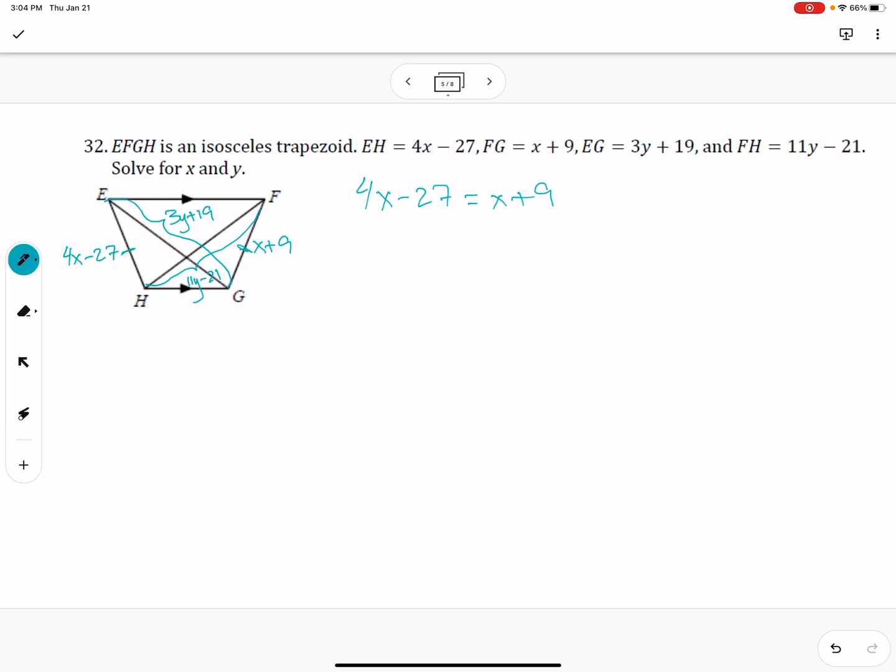So your other equation, 11y minus 21 equals 3y plus 19. Relatively simple. So you need to make sure that you know the properties for each of these, because in the end, that's what it comes down to. Do you know the properties? Do you know them well enough to set up and solve your equations? Solving you got. It's the setup that's the tricky part. Okay?